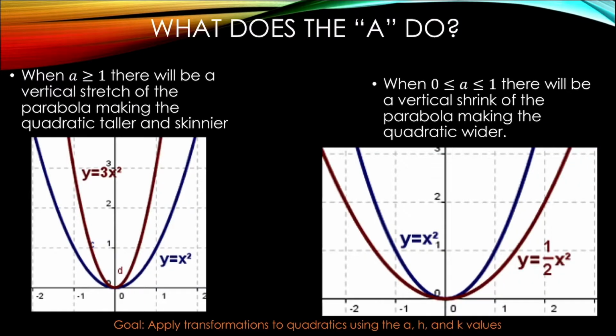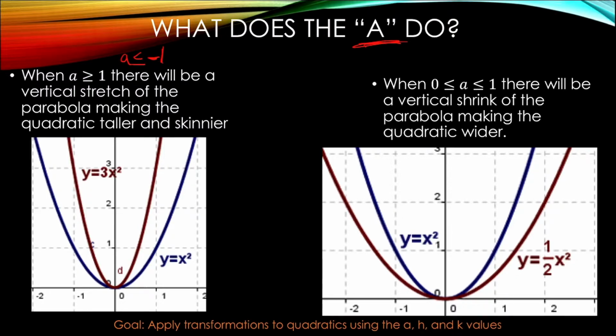Alright, so we're going to talk about A. When A is greater than 1, and we should also put maybe A is less than or equal to negative 1, there's going to be a vertical stretch, meaning the parabola is going to get skinnier and taller much quicker.